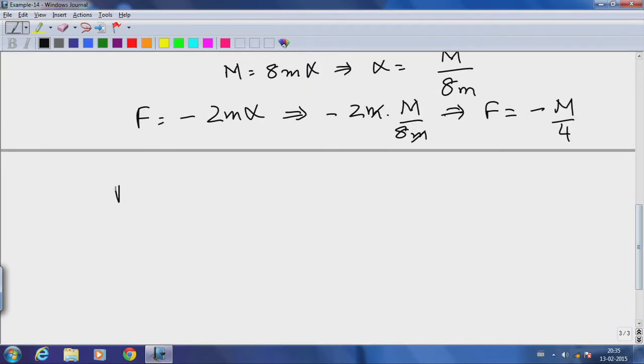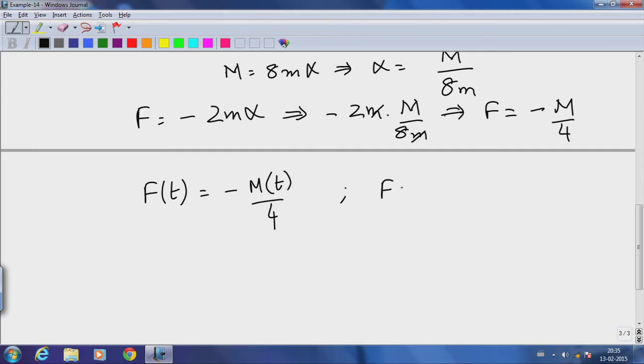So, I want to draw our first observation from here. For any M, in fact, I will generalize this and say that F of t can be a time varying friction force, because M of t is a time varying moment acting on the hoop, and this F of t is simply proportional to M of t.